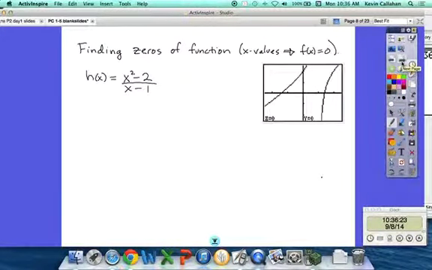How about this one? Find the zeros. Obviously, I can look in the graph. There's the zeros. Let me substitute. 0 equals x squared minus 2 over x minus 1. How do I find the zeros for that?